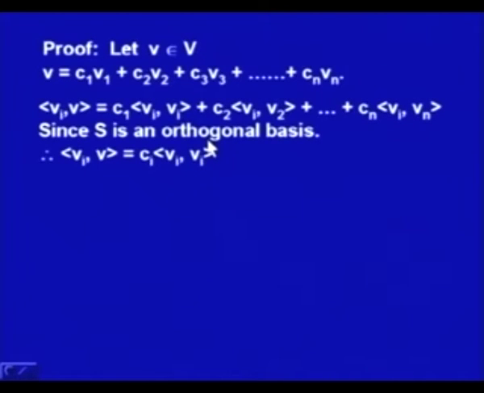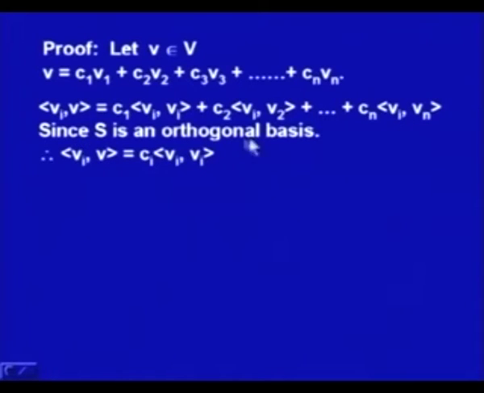That means if we take the inner product of this with respect to v_i on both sides, then the inner product of v_i comma v is equal to c_1 times v_i comma v_1, the first term, plus c_2 times v_i comma v_2, the second term, and the last term will be c_n times the inner product of v_i comma v_n.